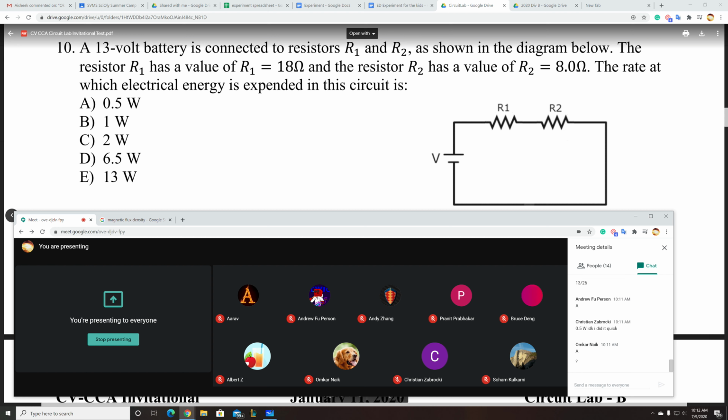You guys sure? Wait, are you guys serious? That's not how you solve it. It's in watts. Do you know what watts mean? What is the formula for watts? I told you guys the formula for watts.